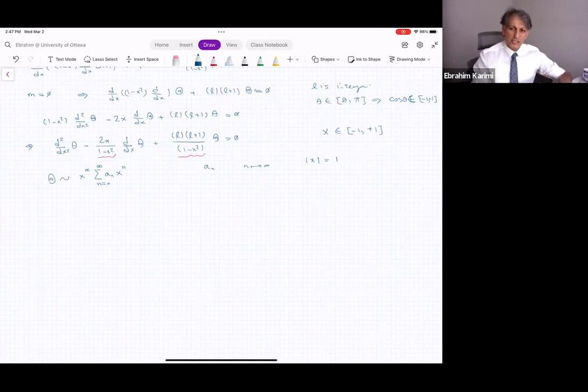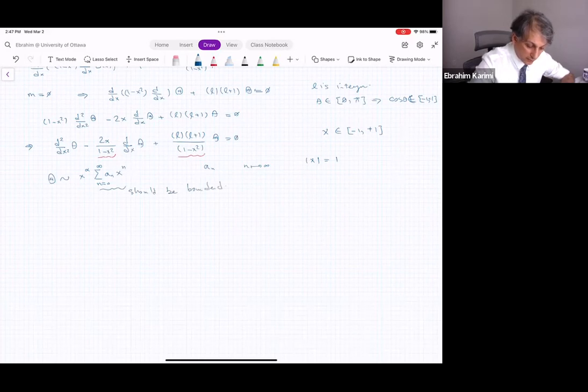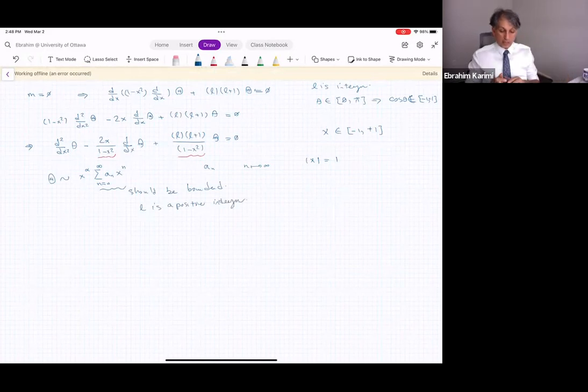So the only condition you can apply here that results in a converging series is that the number of terms in the series should be bounded. And from this relation, you will get that L is a positive integer. So it means that the number of elements that you have for the series is bounded.